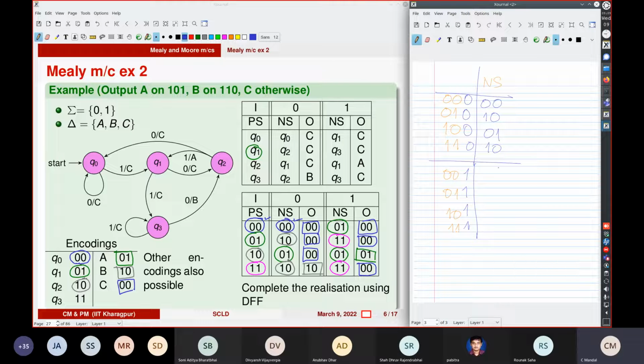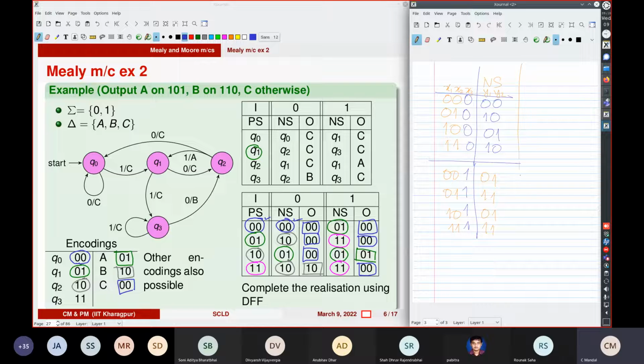And the outputs I take from there are 0, 1, 1, 1, 0, 1, 1, 1. So you can say that these are 3 inputs, x1, x2, x3, and this is y1 and y2. So these 2 outputs, y1 and y2, correspond to the next state function.